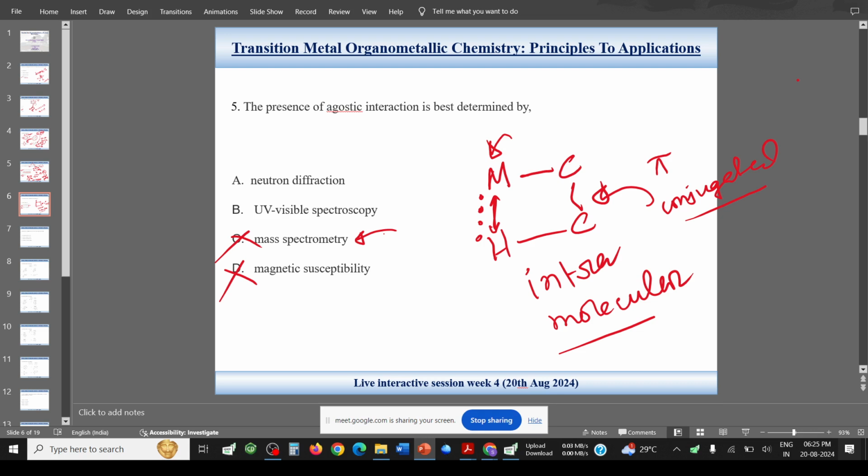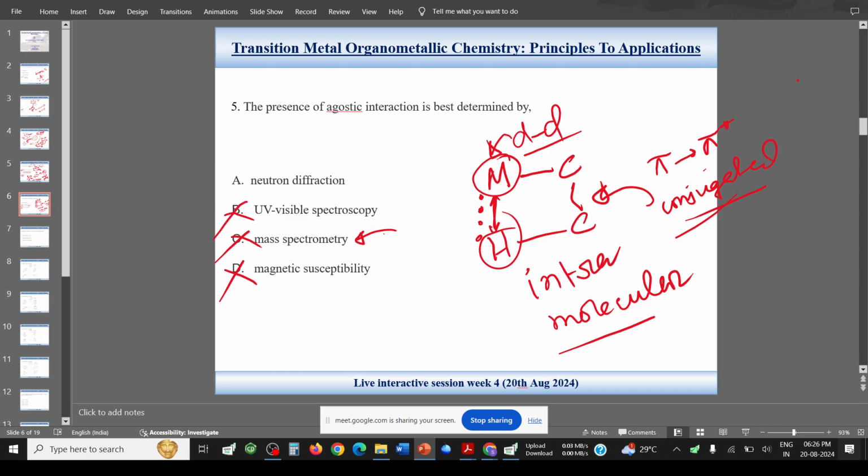Also the metal will show the d-d transition band for transition metal complexes. The d-d transitions and the pi to pi star transitions are calculated or observed in UV visible spectroscopy. But the interaction of the metal with a particular atom of the ligand like hydride is not possible to detect by UV visible spectroscopy.